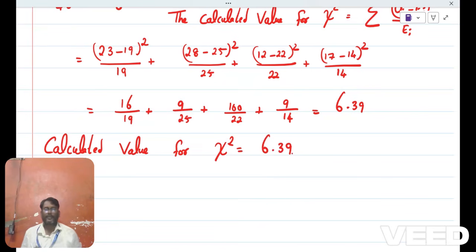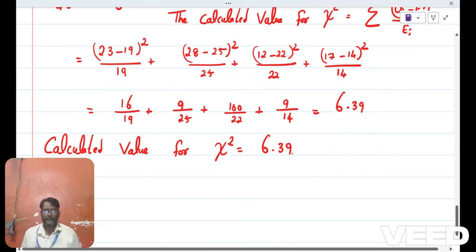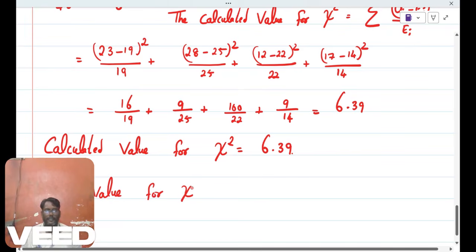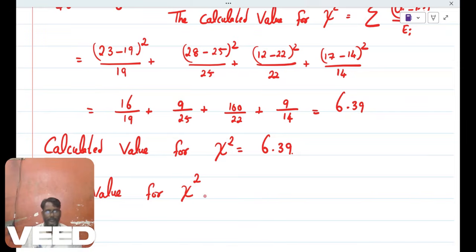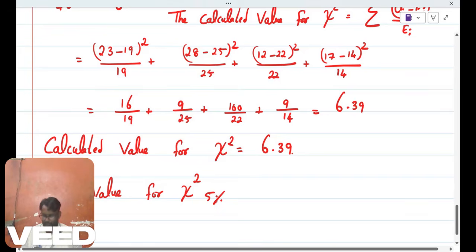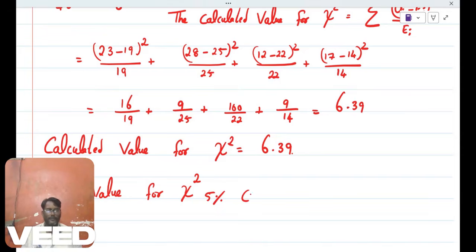Next we have to find the table value for chi-square. Here the level of significance is not mentioned, therefore we take the default level of significance, which is 5%, and the degrees of freedom will be n minus 2.